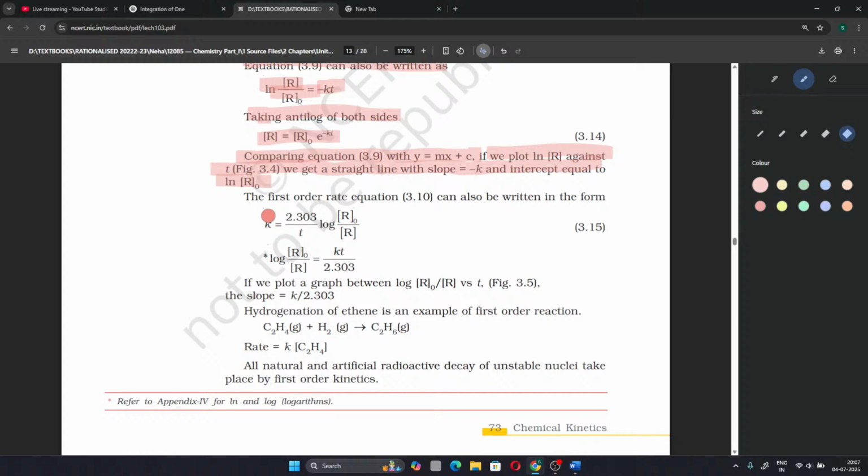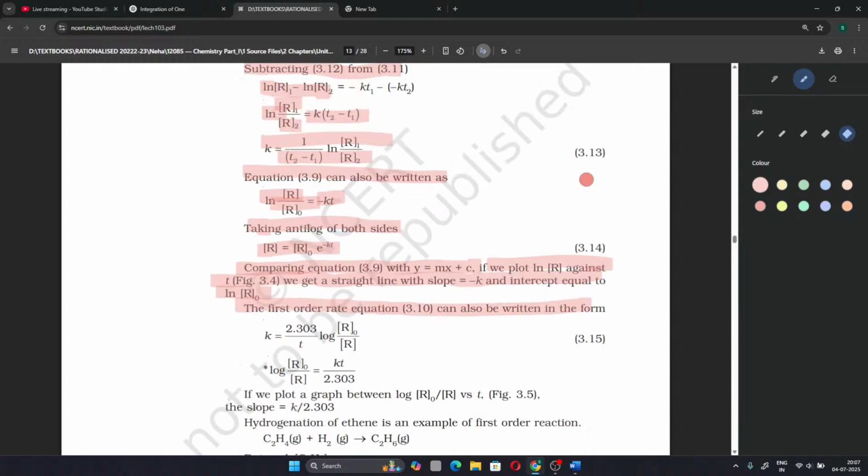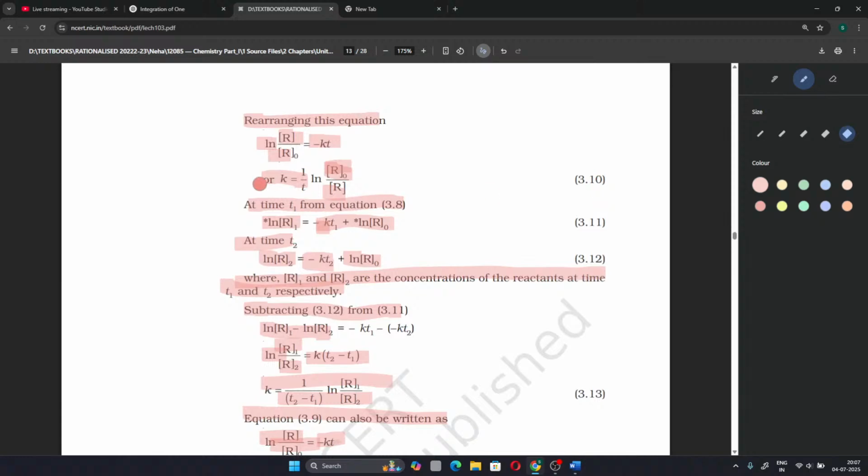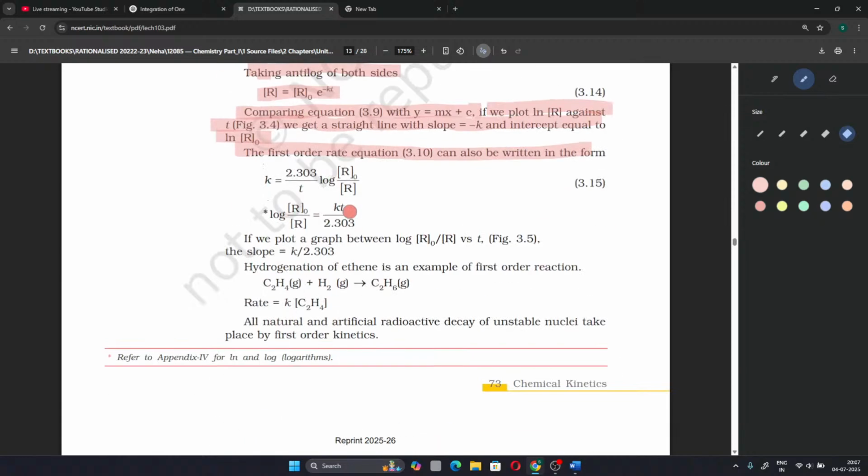The first order rate equation 3.10 can also be written in the form, taking log to base 10, 2.303 log r naught by r equals kt, so log r naught by r equals kt by 2.303. If we plot a graph between log r naught by r versus t, the slope is k by 2.303.